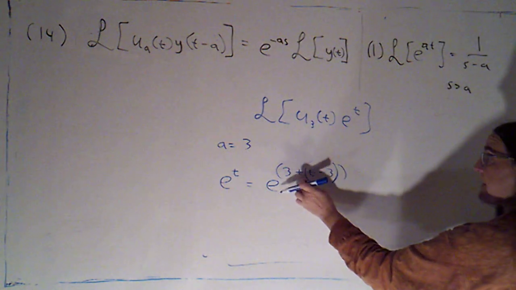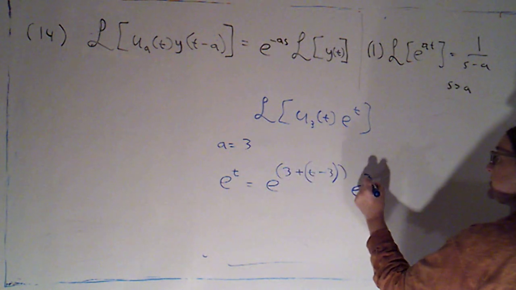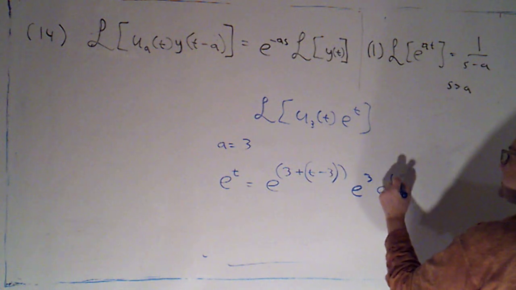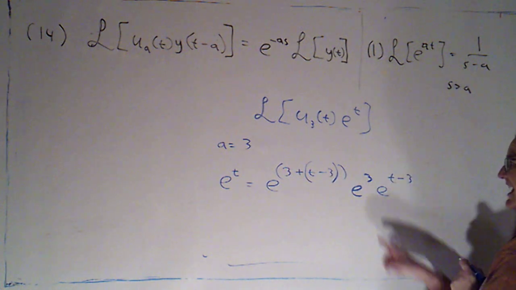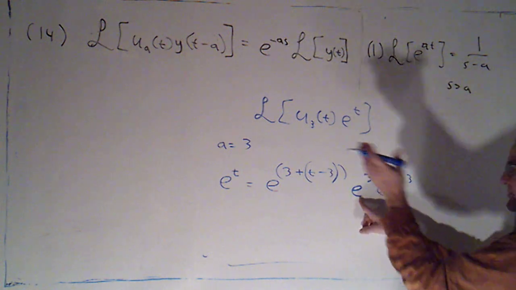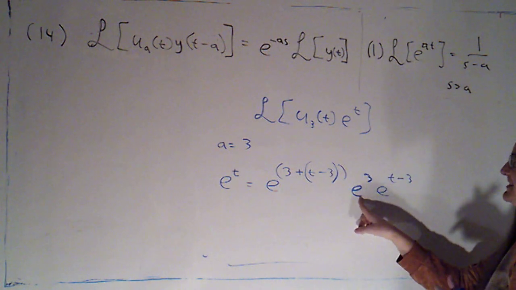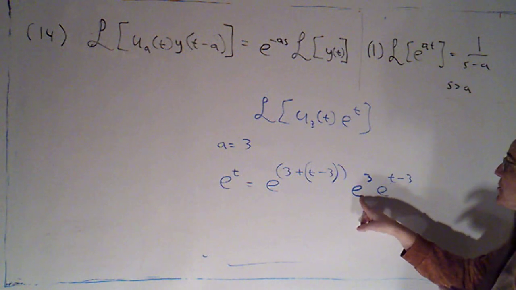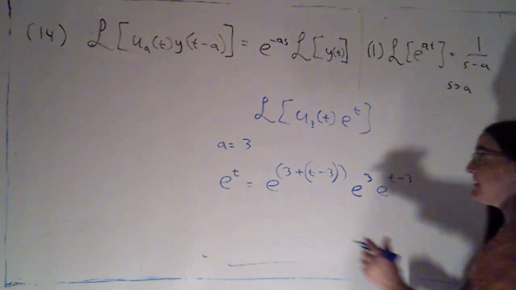Now notice, because I'm adding in the exponent position, that's just e cubed times e to the t minus 3, and that's just a constant. And Laplace transforms preserve multiplication by constants. So I'm going to rewrite my function this way.